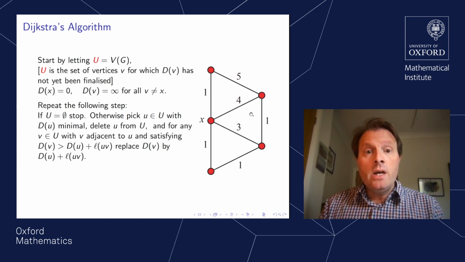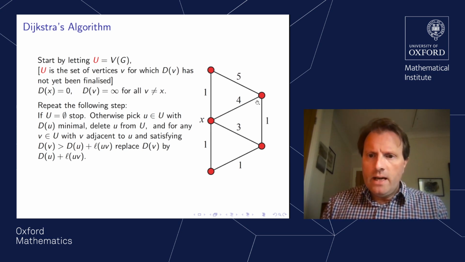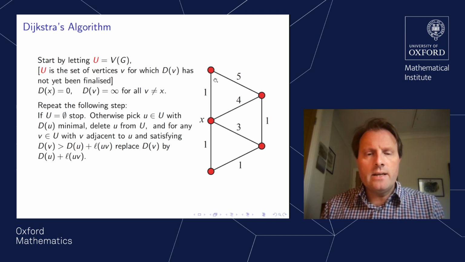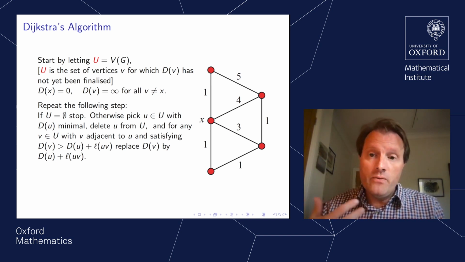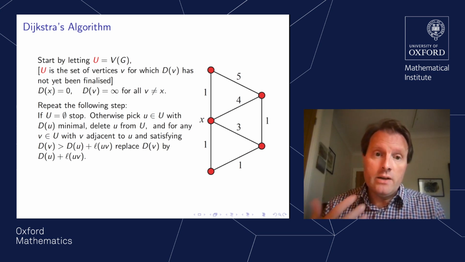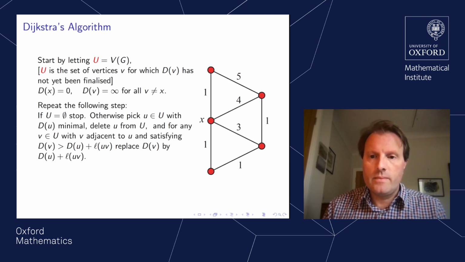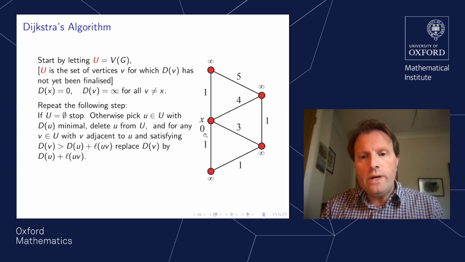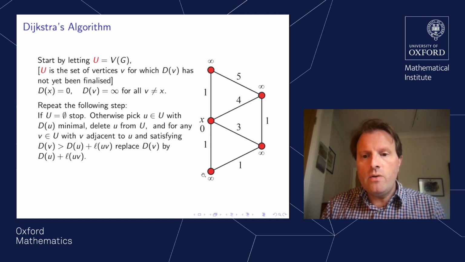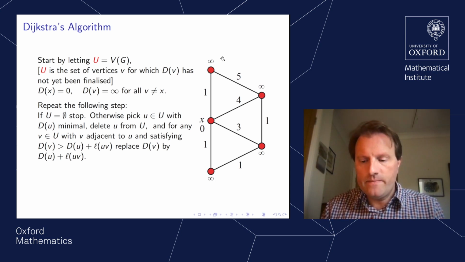I've coloured all of the vertices red because they're in our set U of vertices for which the d value is not yet certain. Initially, we set d of x to be 0 and d of all of these other vertices to be infinite.